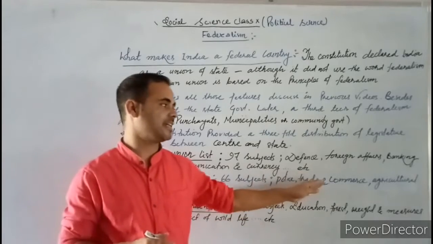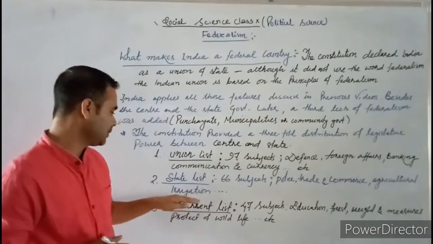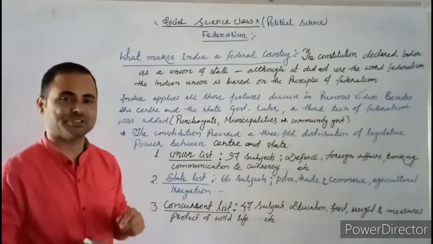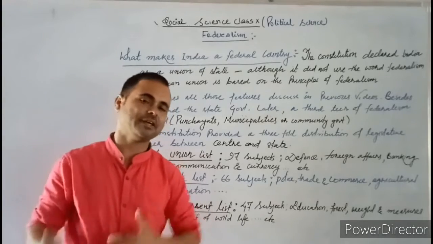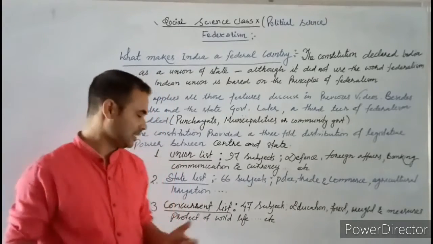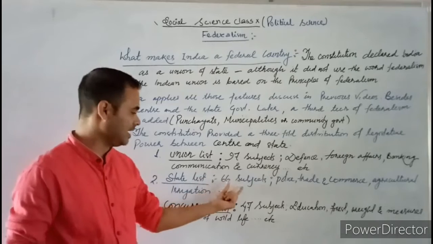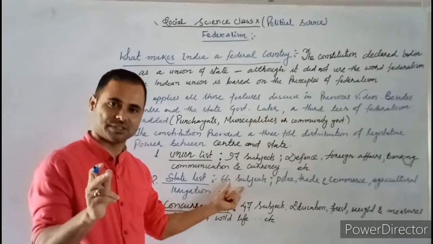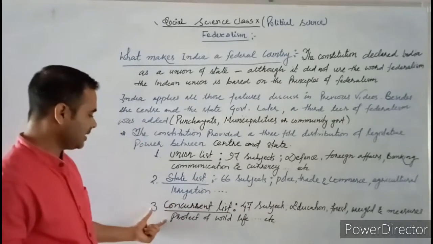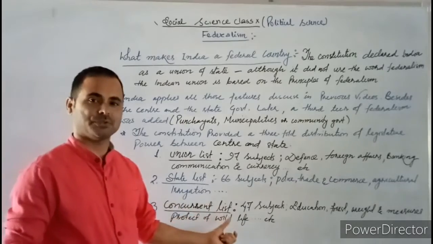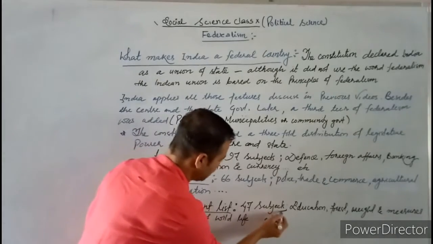Like police, trade and commerce, agriculture, and irrigation. These are the different arenas in which the state government makes laws, in 66 subjects.